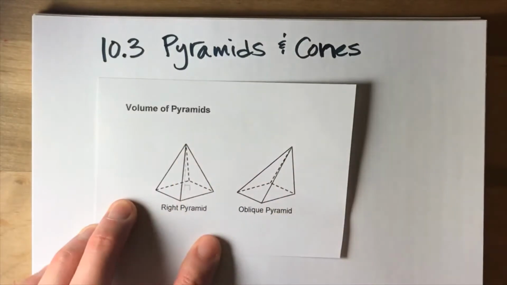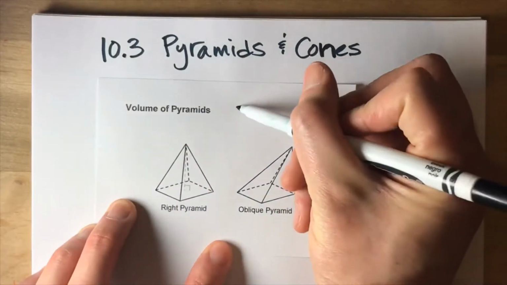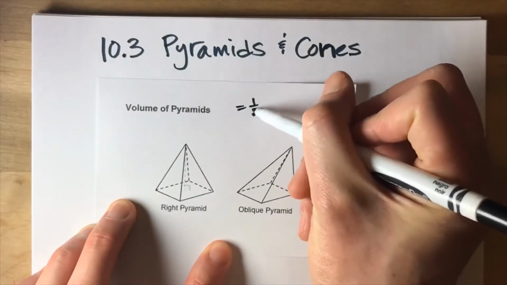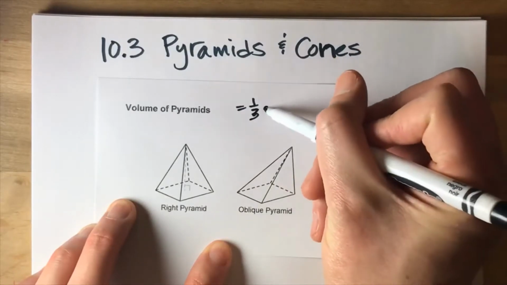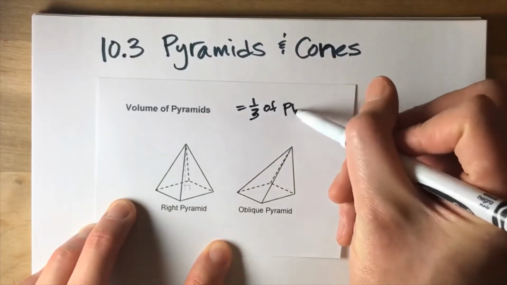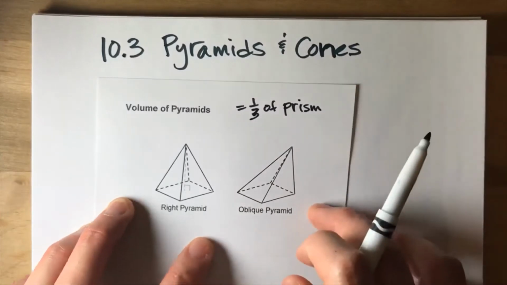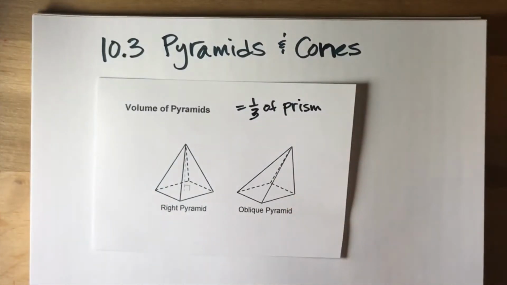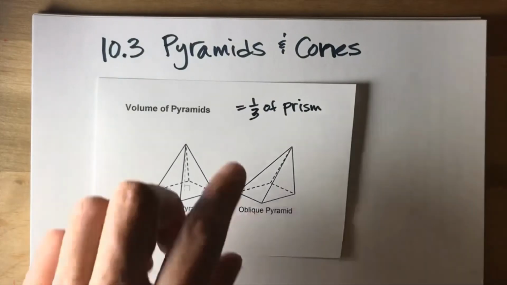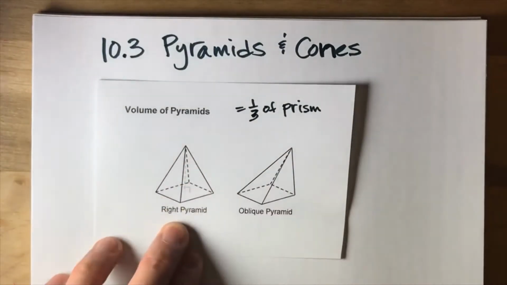So the volume of a pyramid is actually 1/3 of the volume of a prism with the same dimensions. So if you want to find the volume of a pyramid, you basically just imagine that it's a prism and then divide it by 3 because it's 1/3 of it.